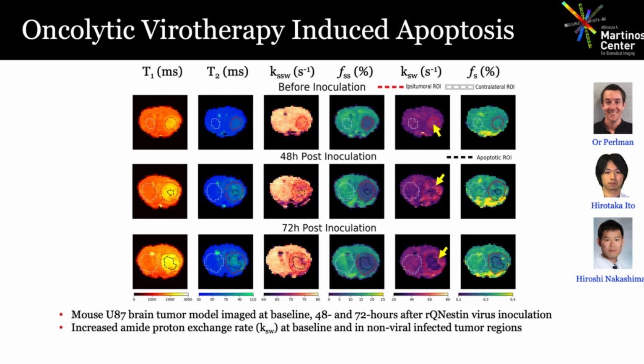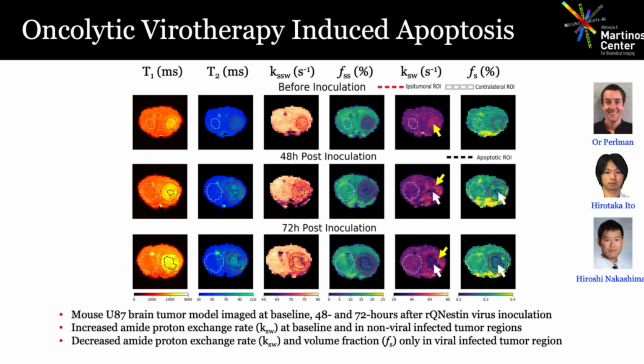And this makes sense because we're looking at the small mobile proteins that are primarily in the intracellular space. And it's well known that the intracellular pH in tumors is actually slightly elevated, whereas the extracellular pH is decreased. So you get this inverted pH gradient in tumors, but the intracellular pH is actually increased. And we see that. We see an increased exchange rate in the tumor.